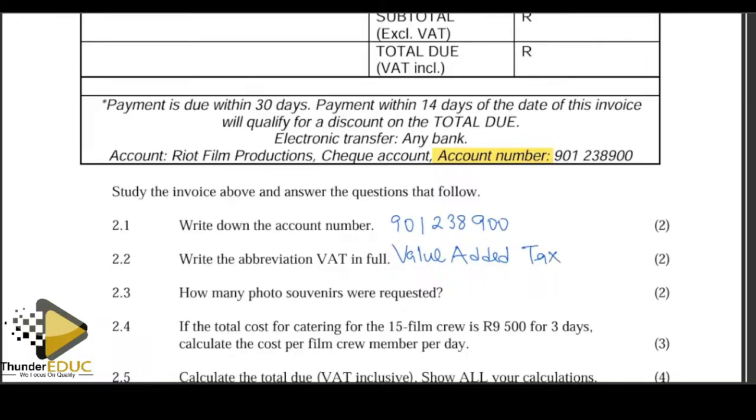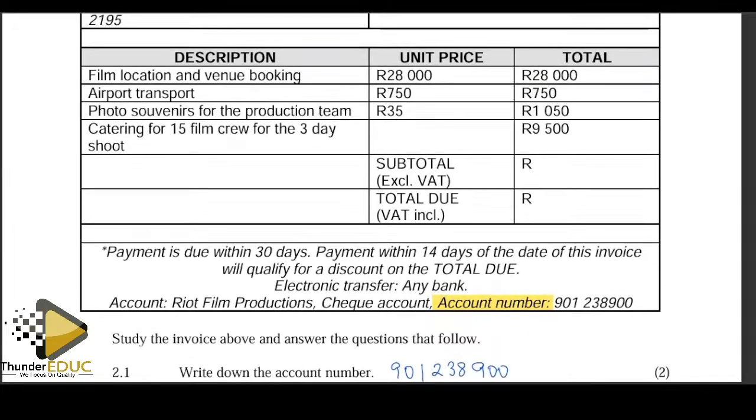How many photo souvenirs were requested? Let's go to, okay, here we are. Photo souvenirs for production team. How many are they? We don't know because this is the unit price. That means this is how much it is for photos. So we are looking for the number of photos. What number was multiplied by 35 to give us 1,050?